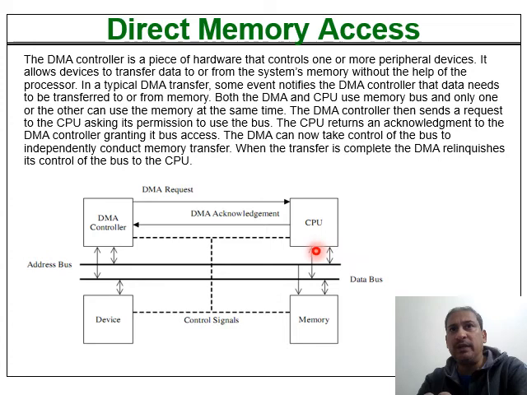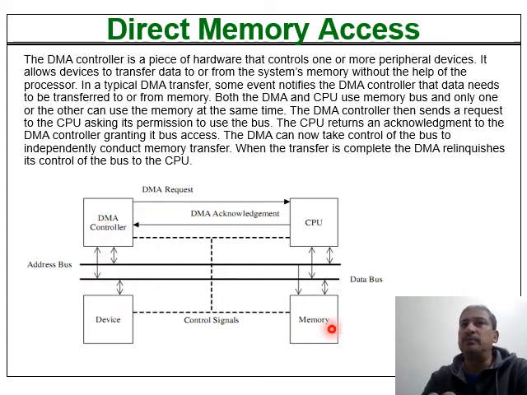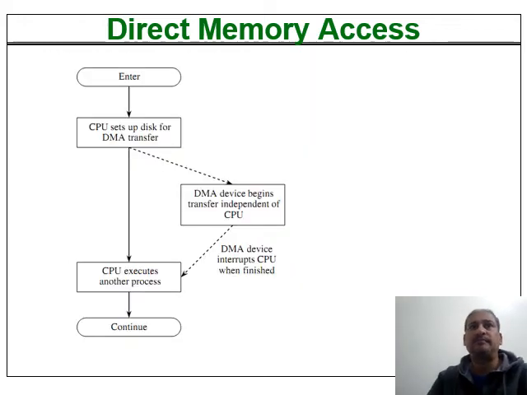Then as soon as the CPU can relinquish the control of the bus, it tells the DMA controller by sending a DMA acknowledge. And then the DMA controller performs the data transfer between the memory and the device. So this is the entire process. CPU sets up the disk for DMA transfer. DMA device begins transfer independent of the CPU.